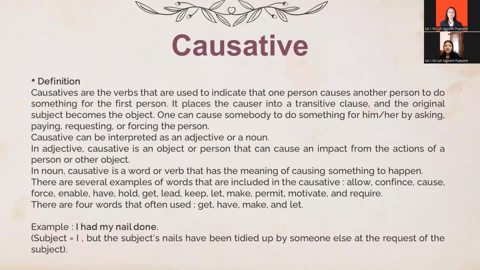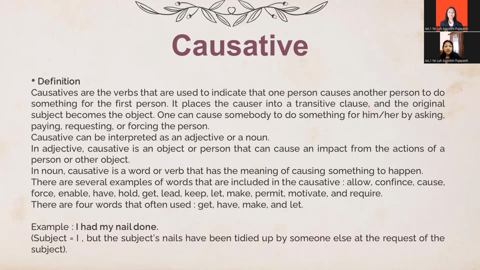The first is the definition of causatives. Causatives are the verbs that are used to indicate that one person causes another person to do something for the first person. It places the causer into an intransitive clause, and the original subject becomes the object. One can cause somebody to do something for him or her by asking, paying, requesting, or forcing the person.